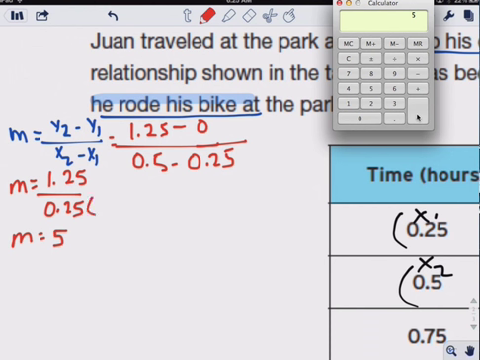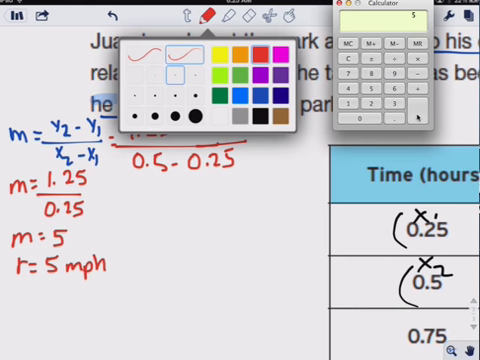Or if you notice, to make 1, multiply by 4, you get the same answer, 1 whole. Okay, like I taught in class. The slope, you don't want it decimal. So you got 5 miles per hour is your rate, or your speed. Remember, rate is the same as speed.